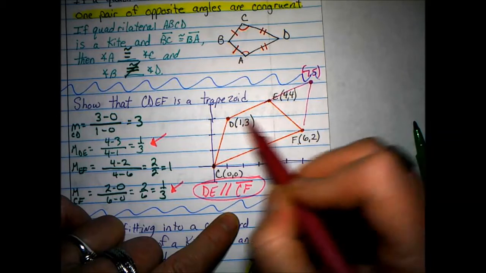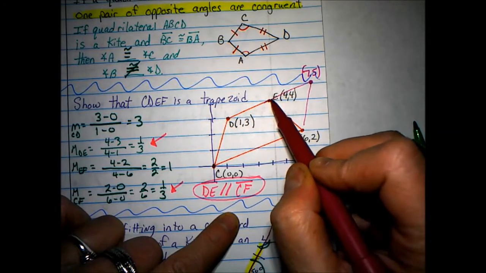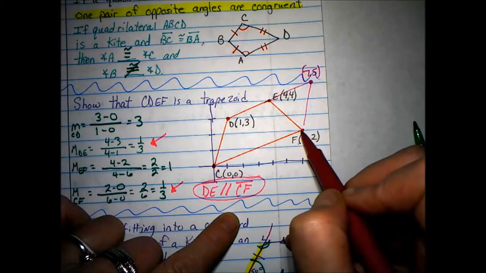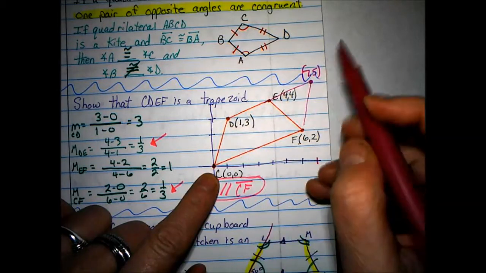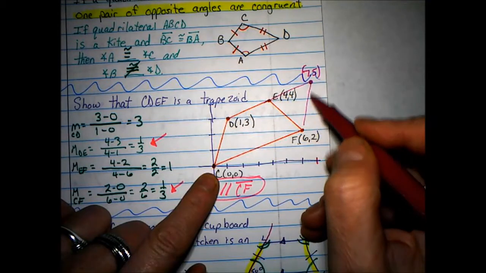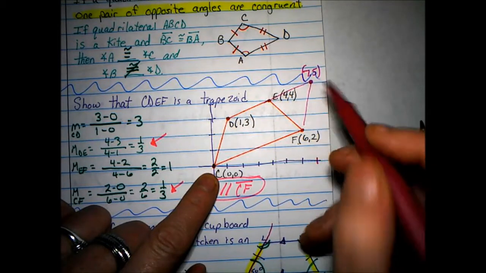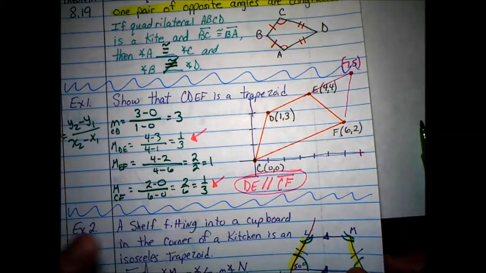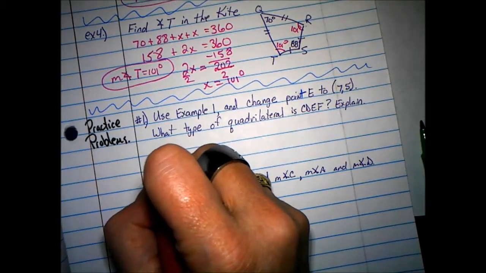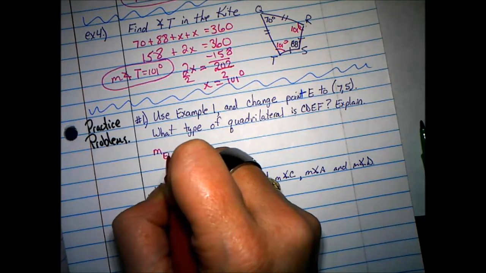I already know that DE is parallel to CF, so now I want to check to see if CD and the new FE will be parallel. So I'm going to do the slope of EF now.